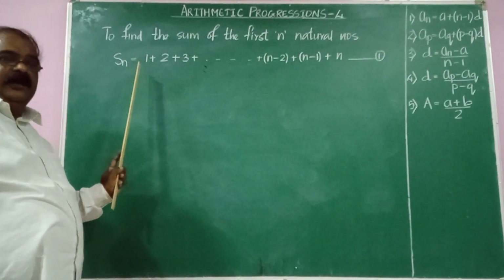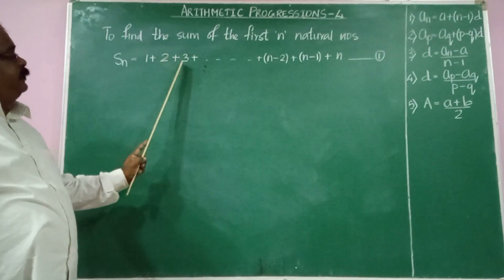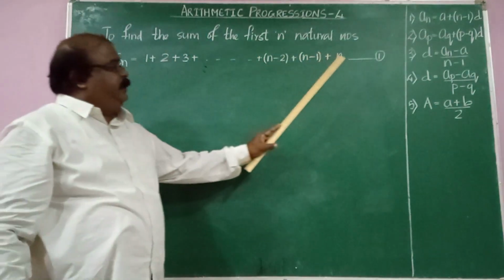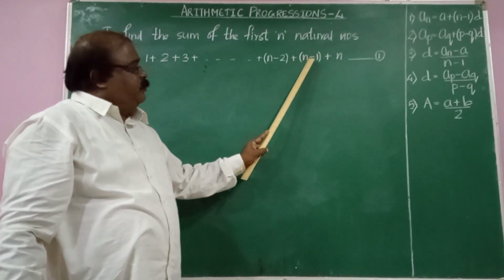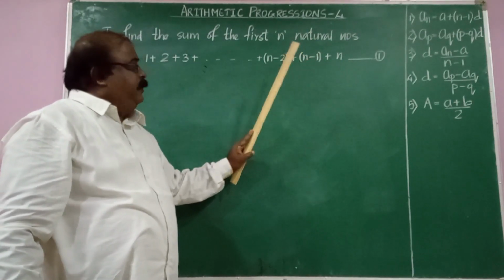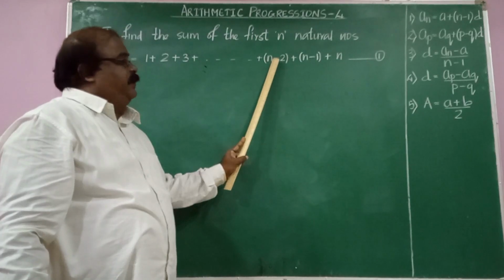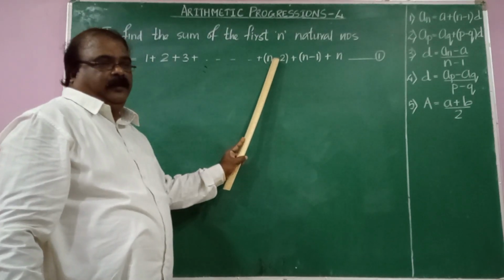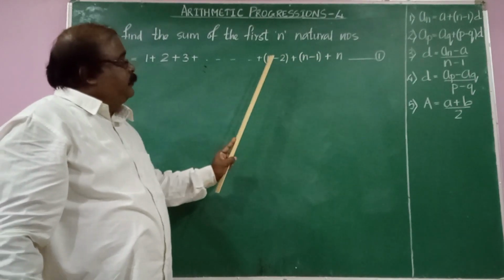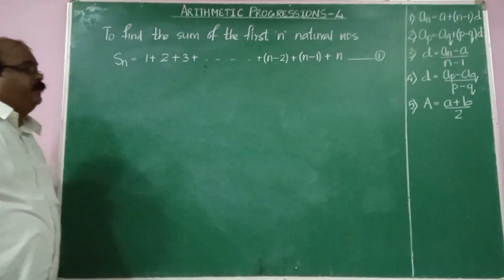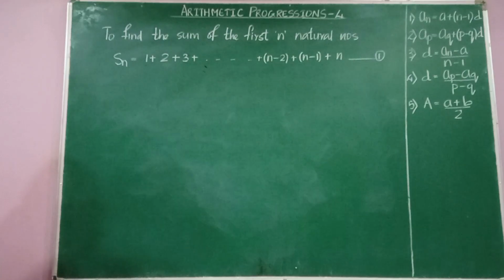If I say first 10 terms, 1 plus 2 plus 3 plus 4 plus 5 till 10. If the last term was 10, second last has to be 1 less than 10, which is 9. Third last should be 2 less than 10, which is 8. So if my last term is n, my second last term will be n minus 1 and my third last term will be n minus 2.